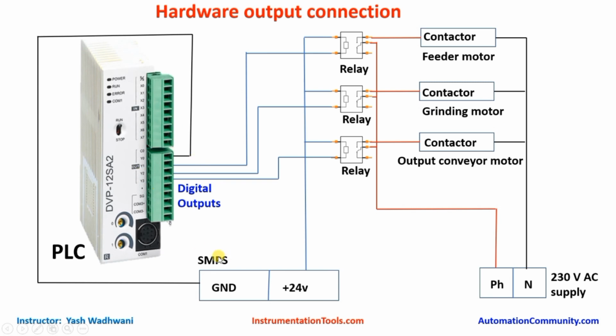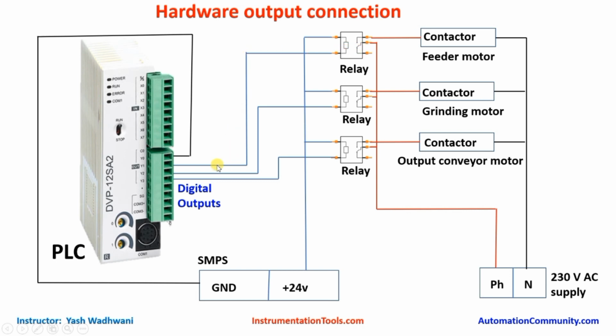Again we will connect the ground terminal of our SMPS to the common of the digital outputs, and as you know, we don't directly switch motors on and off through the PLC. We switch the motors through relays, and the relay will energize the respective contactor of the motor, and so the motor will start and stop. Simply, one terminal of each relay I will connect to the 24-volt supply.